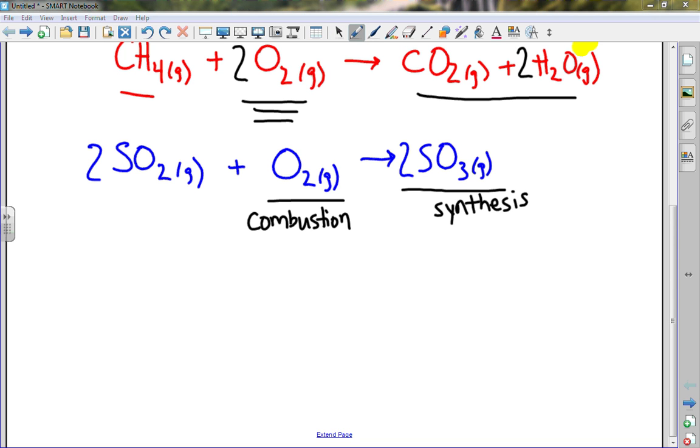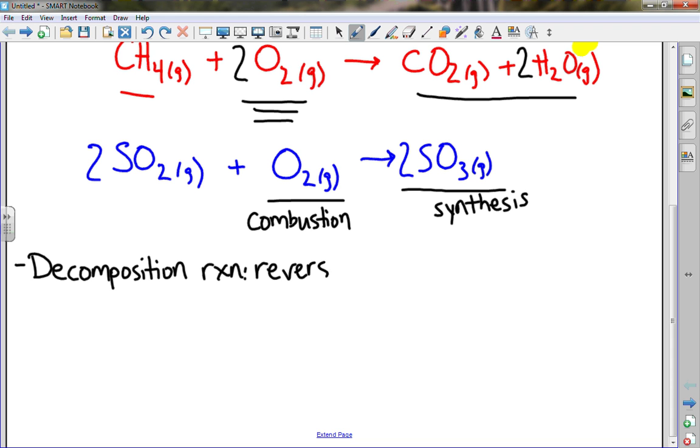The next type of reaction is what's called a decomposition reaction. And in this kind of reaction, this is the reverse of a synthesis reaction.